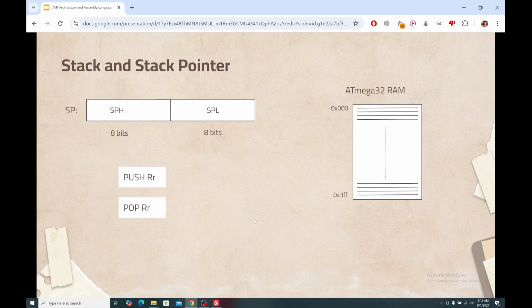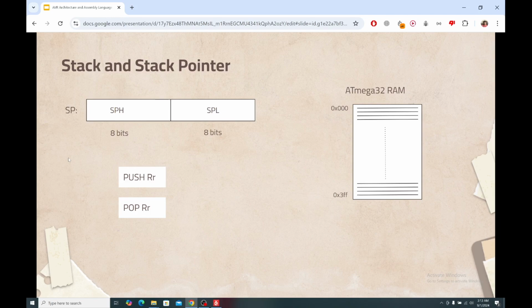Let's talk about the stack and stack pointer. In the RAM memory of a microcontroller, we need to allocate a specific space for the stack memory. The stack memory is used to store both data and addresses. Two registers are used to represent the stack pointer.